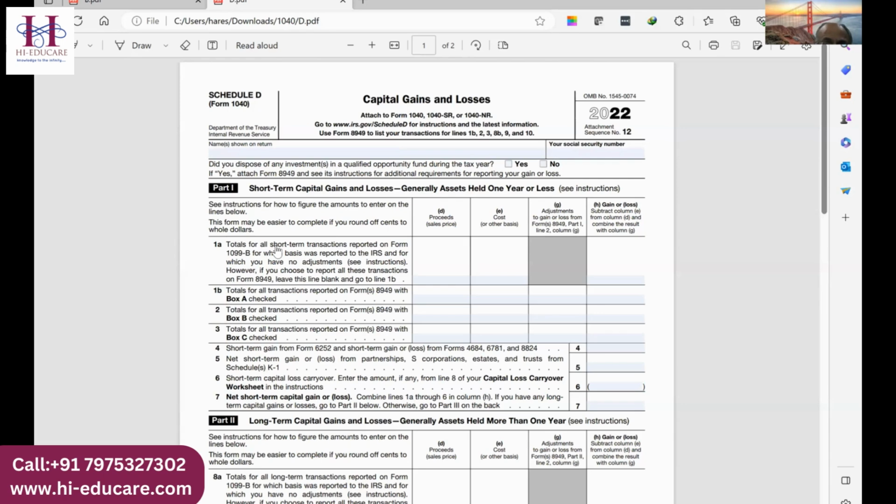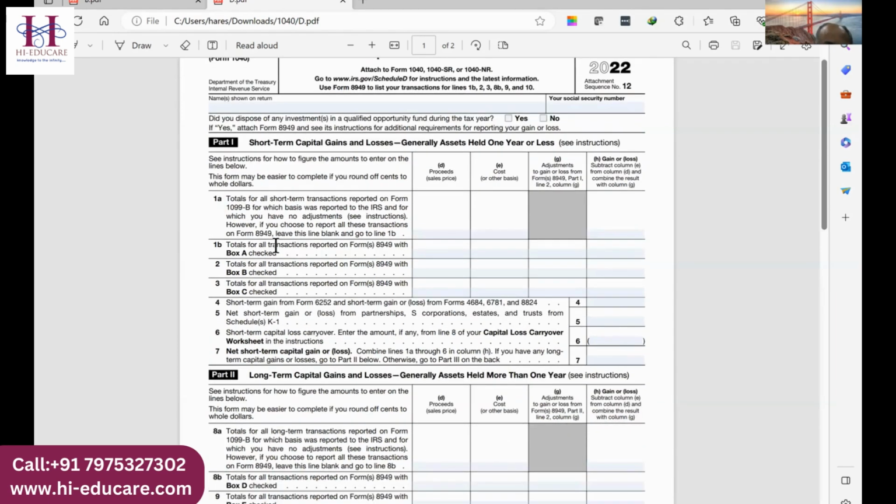You have to attach it to Form 1040. Short-term capital gain, long-term capital gain, all these things we'll discuss. There is a separate topic, two lectures on capital gain. For now, just see how this is flowing.